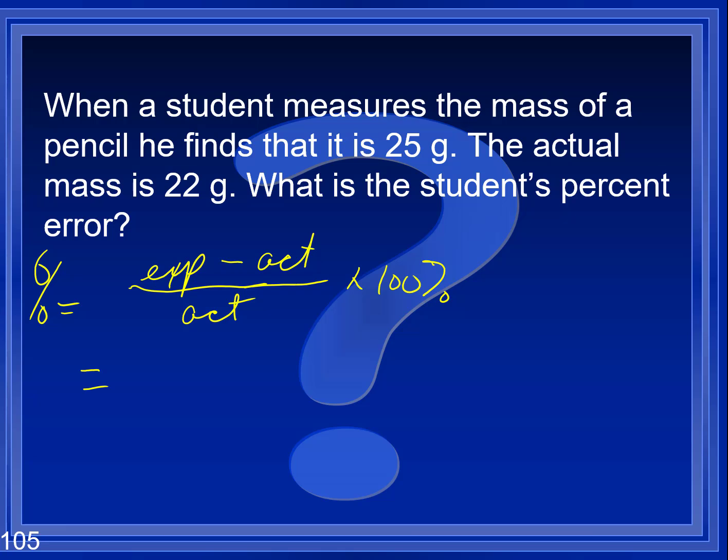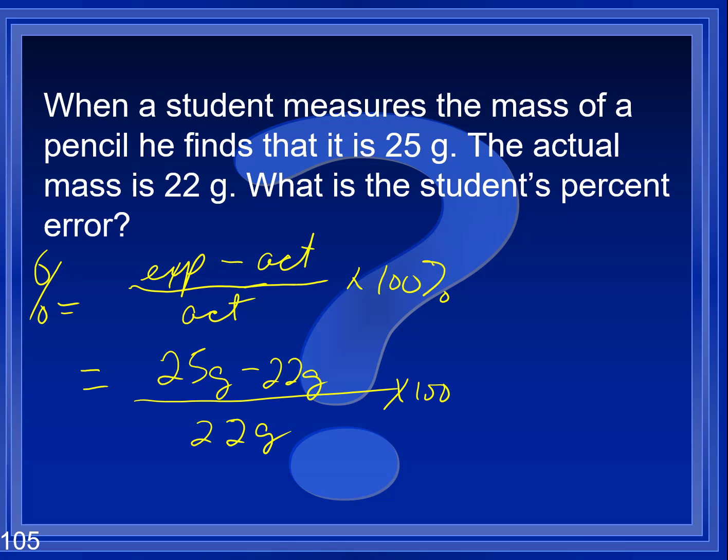So the experimental value, when he measured it, he found it was 25 grams, minus the actual, which was 22 grams, divided by the actual, which was 22 grams, times 100%. 25 minus 22 is 3 grams. What about sig figs there?